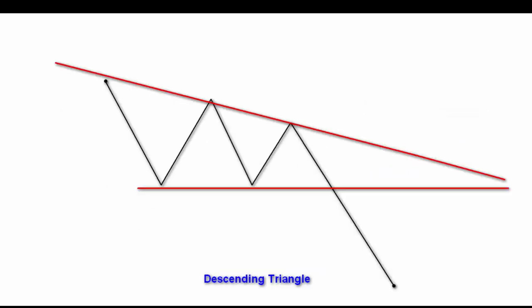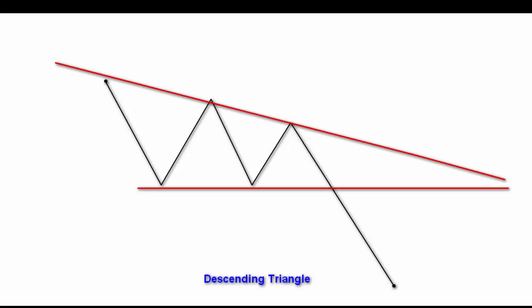The second triangle chart pattern is the descending triangle chart pattern. This pattern occurs in a bearish downtrend, in a bearish market.